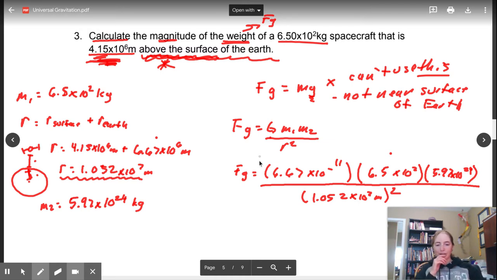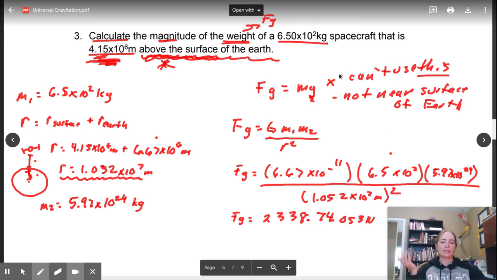So, ladies and gentlemen, put these numbers in. You're going to wind up with an attractive force between the two of 2,338.74053 newtons.